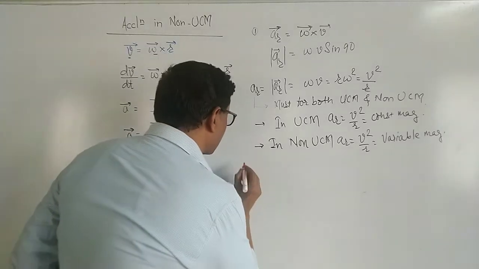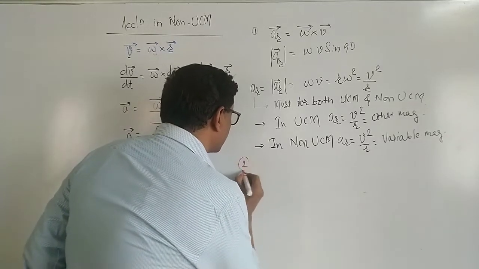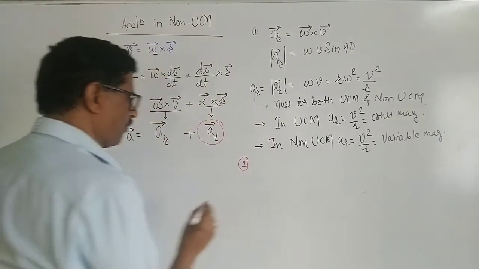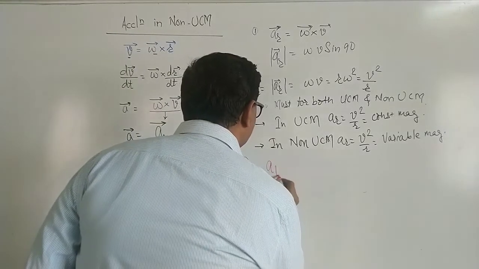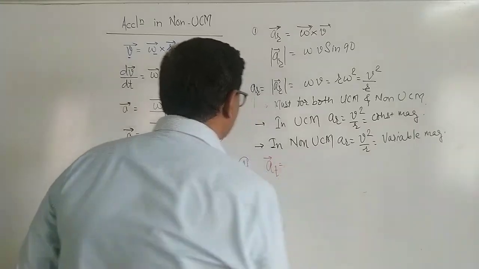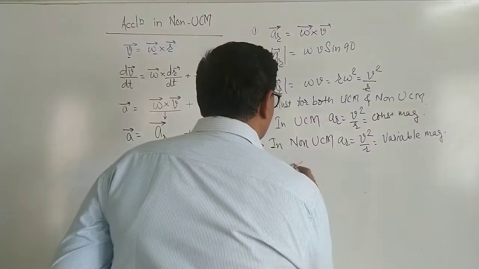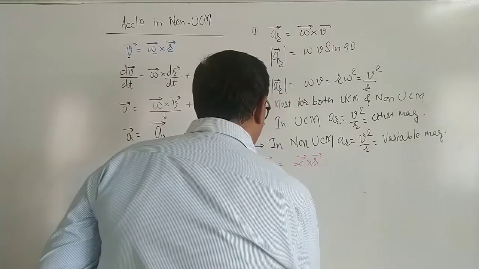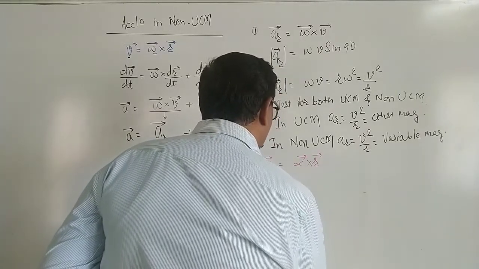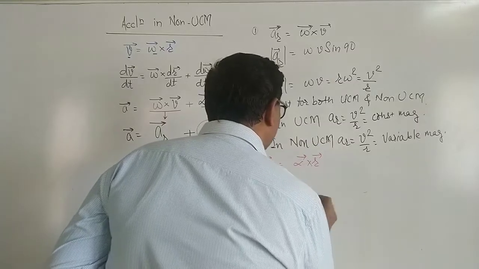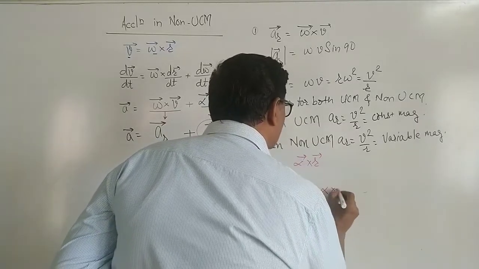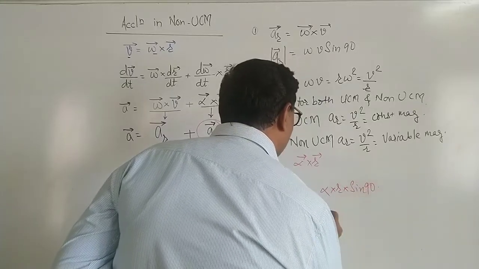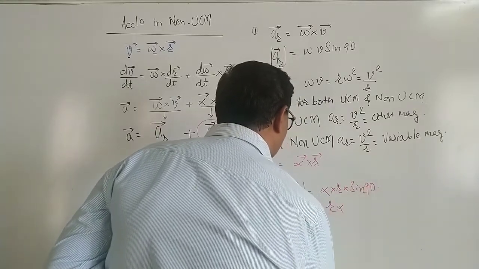Now, the other component in non-UCM is this one. What is this component? The tangential component of acceleration, vector alpha cross vector r. The magnitude of tangential acceleration is alpha into r into the sine of the angle between these two. r and alpha are again perpendicular to each other, therefore it is r alpha.